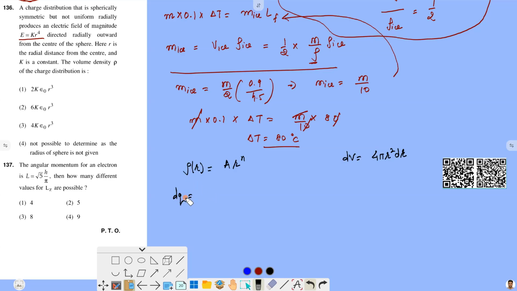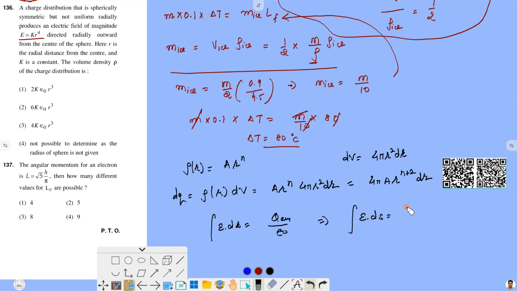Then dq, the charge inscribed in that small volume, will be rho of r into dV, equal to A r^n 4 pi r square dr, which gives us 4 pi A r raised to power n plus 2 dr. Now from Gauss law, integral E dot dS is equal to q enclosed by epsilon naught. Q enclosed can be written as integral rho dV.